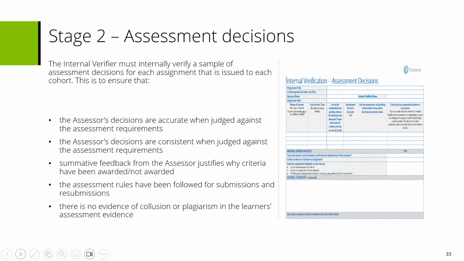Is there summative feedback for the assessor justifying why the criteria has or has not been awarded? Have the assessment rules been followed in terms of submissions and resubmissions? Is there evidence of collusion or plagiarism in the learner's assessment evidence? And you would complete this document before any of the final grades have been given to the learners.